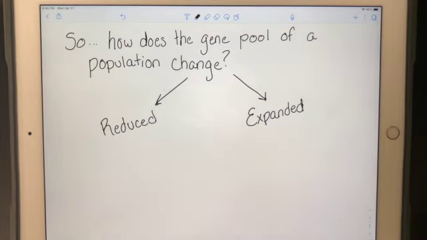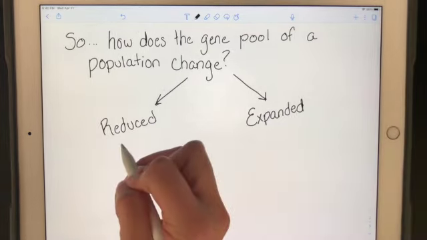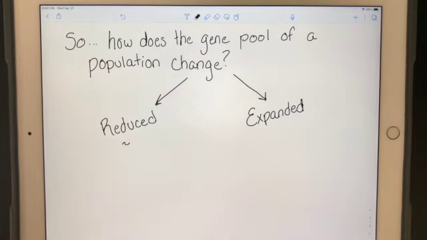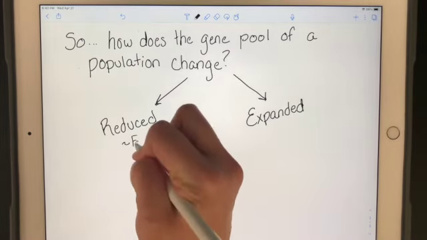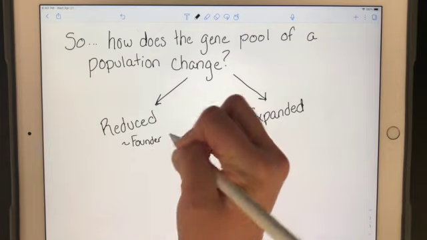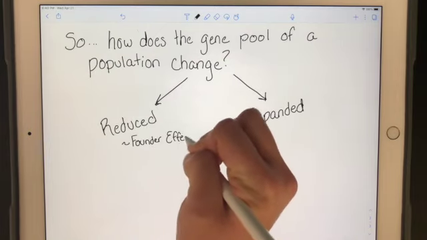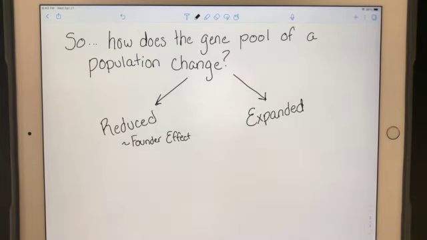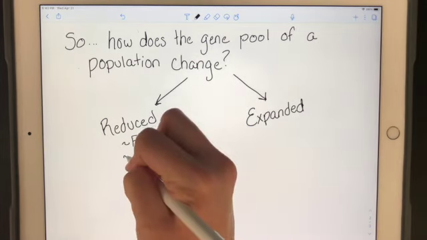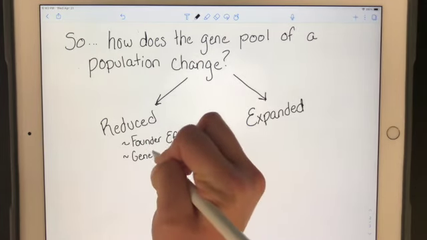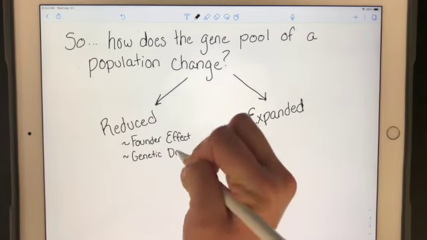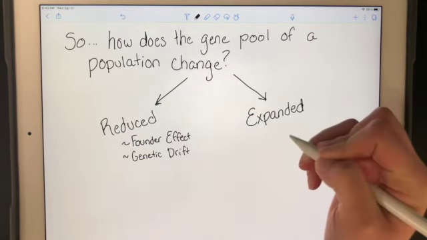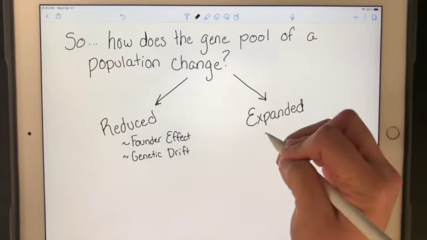We're going to go through two ways that a gene pool can be reduced. The first is called the founder effect. And the second is called genetic drift. Then we're going to talk about the ways that gene pools are expanded.